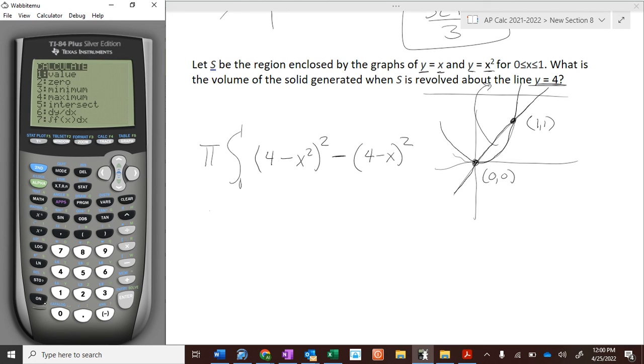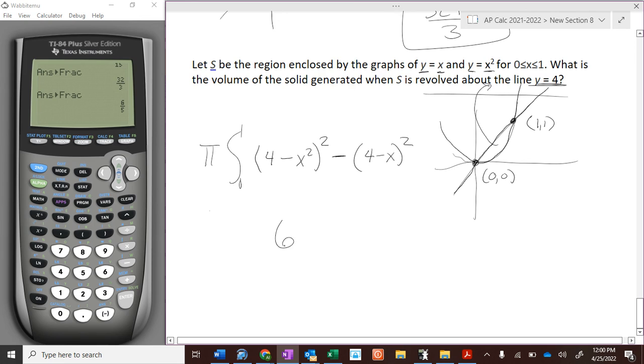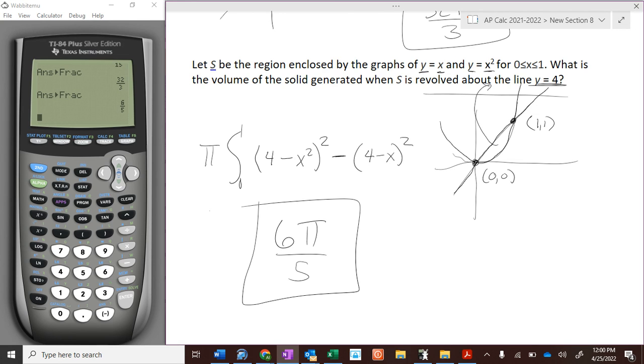Second trace 7 from 0 to 1. Fills in that little thing. It's 1.2. If we go math, turn into a fraction, please. It's 6 pi over 5. That is the volume of the metal used to make our washer, or plastic or silicone, whatever it's made out of.